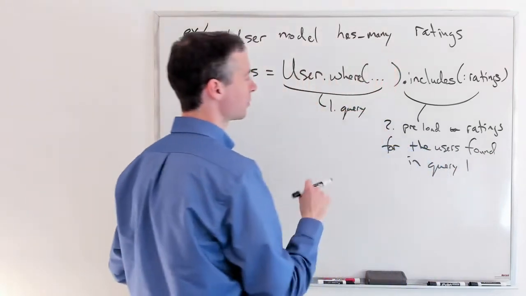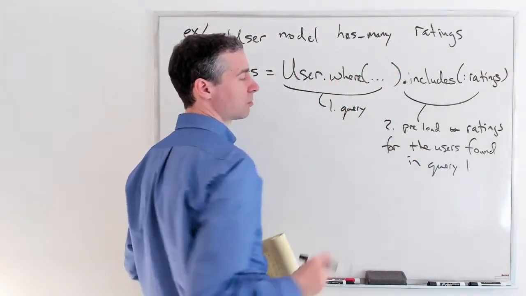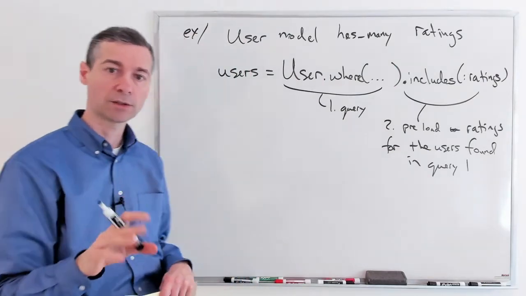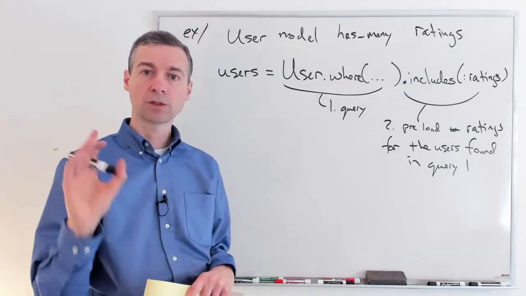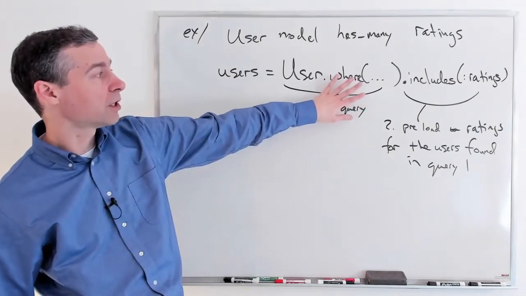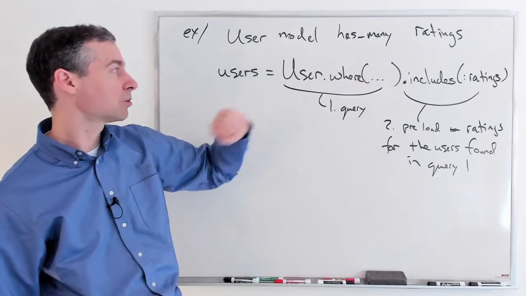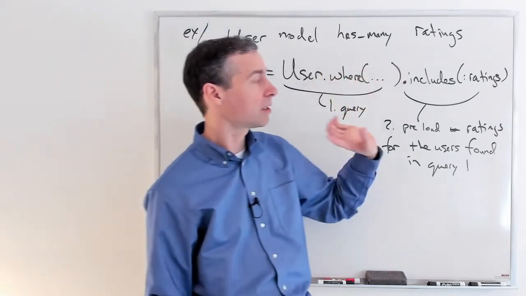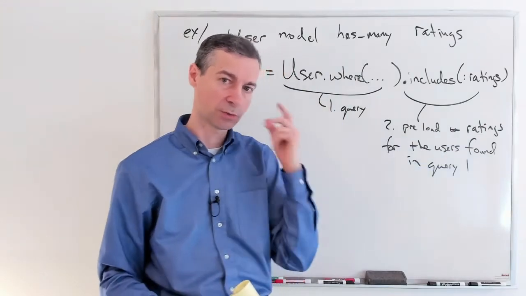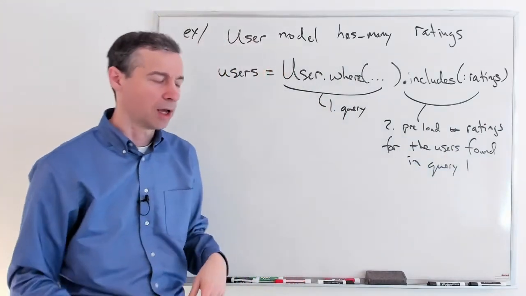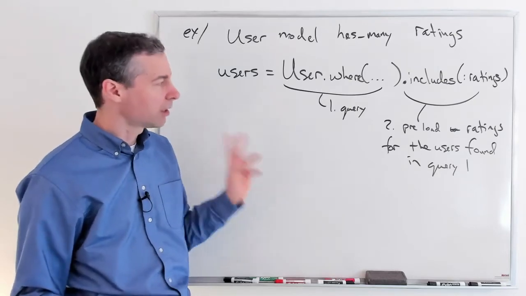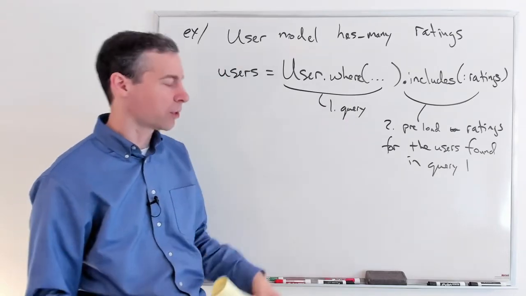So this query gives us a bunch of users, and then we issue a query that says select star from ratings where user ID in, and it gives all the user IDs that we had here. We issue one query here, and then it issues another query to fetch all the ratings for all these users. So we run two queries. It would be nice to, again, only have one join, but at least we do only two queries.